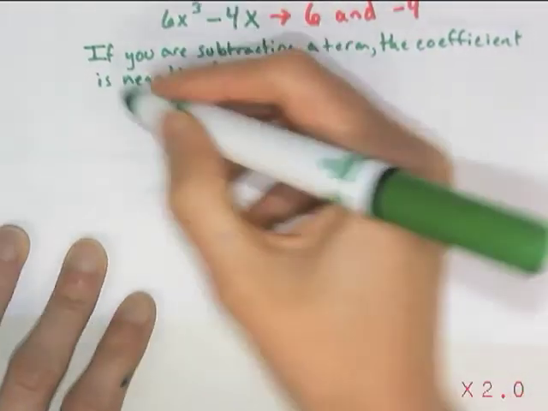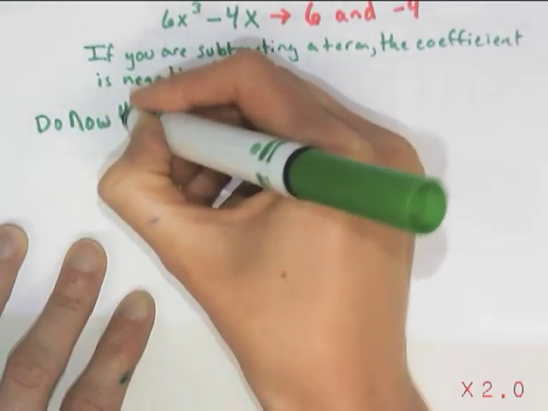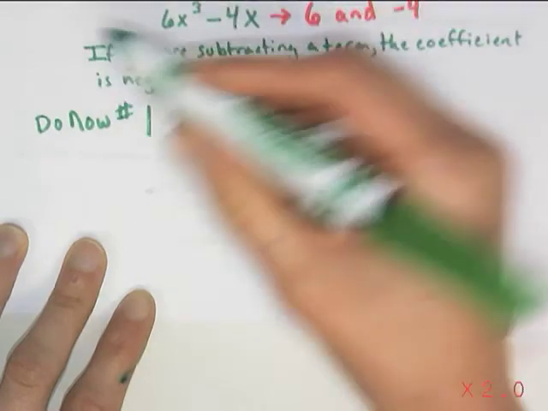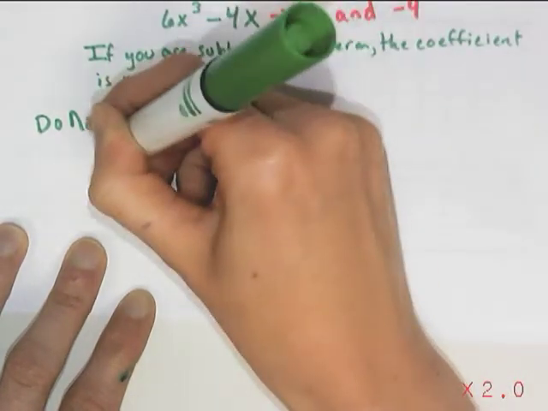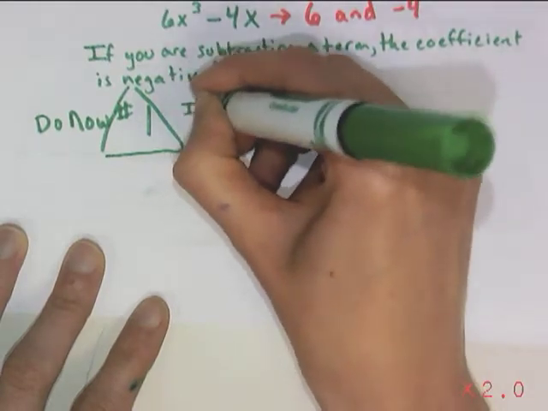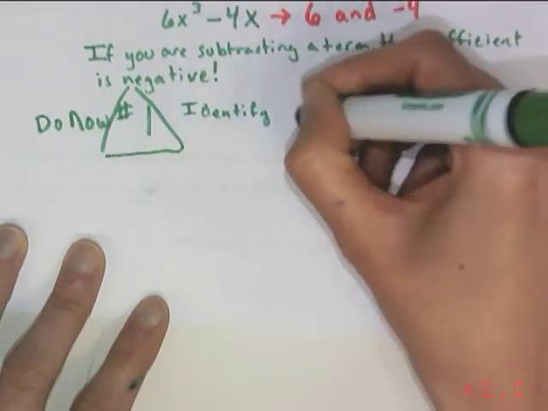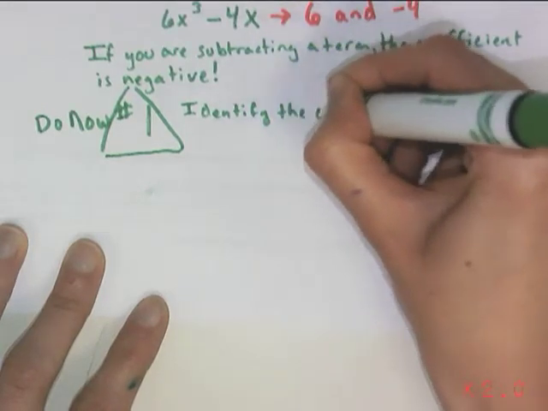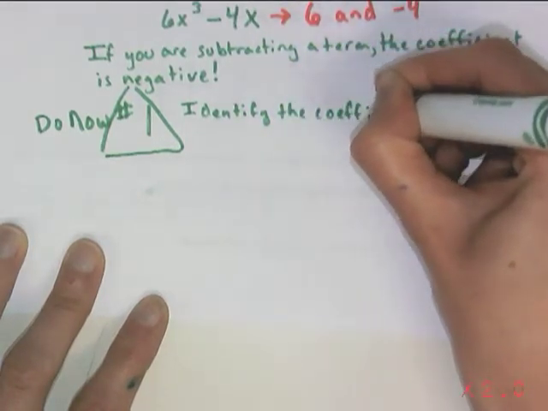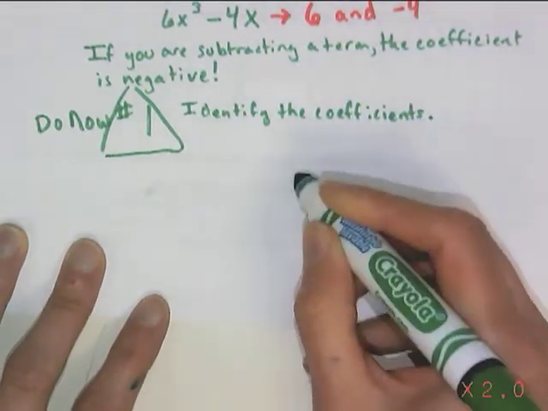Now for this next part, we're going to call this do now number 1. And I would like you to put a big old triangle around the number 1 part. And what I would like you to do is to identify the coefficients of each term that you see below. Okay, so what is the coefficient of each of these terms?